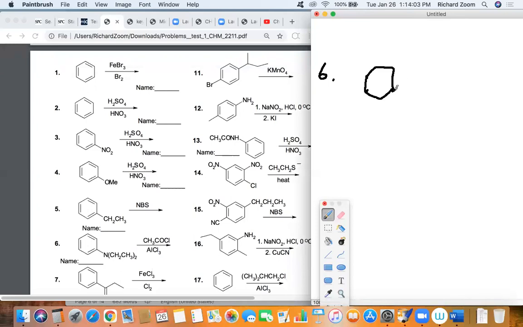I'm going to draw this one out so you can see it a little bit better. I'll draw it out as a line structure. So what do you think, activating or deactivating? I want to say activating. Yeah, because there's no double bonds or anything to it. So again, that's just going to push electrons into the ring.